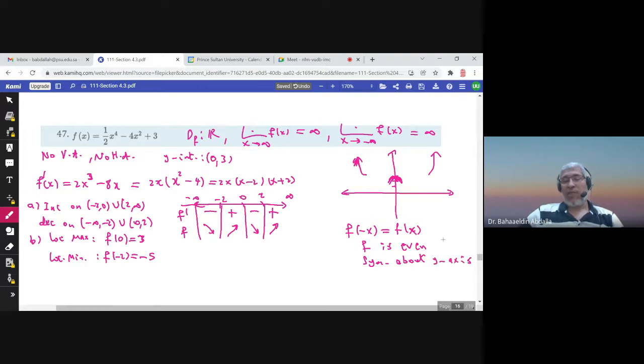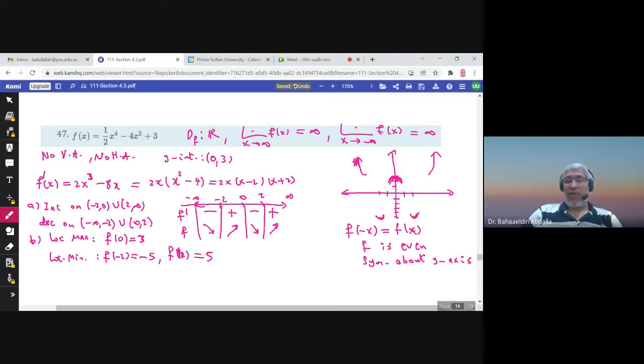And we are starting to see this, that the graph is symmetric about the y-axis. So f of 2 is also a minimum, and it's also equal to negative 5, because f of 2 equals f of negative 2. So at 2, these 2 points are local minimums.